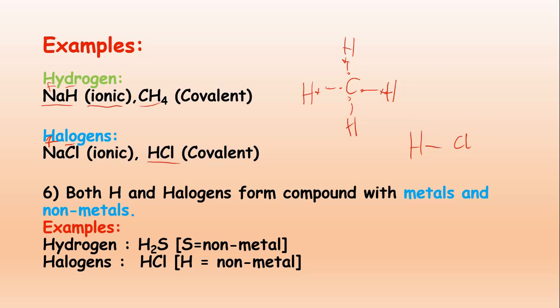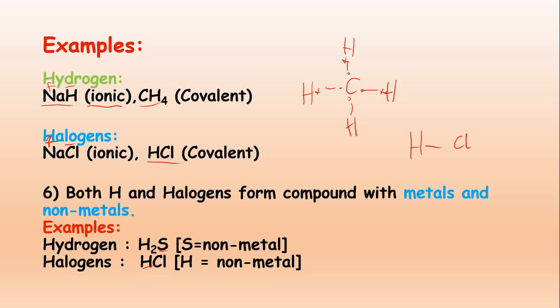The sixth property is that both hydrogen and halogens form compounds with metals and non-metals. They both can react with metals and they both can react with non-metals as well. Hydrogen reacts with sulfur, which is a non-metal, to produce hydrogen sulfide. Here the sulfur is the non-metal. Look here, a halogen reacts with hydrogen and produces hydrogen chloride, HCl.